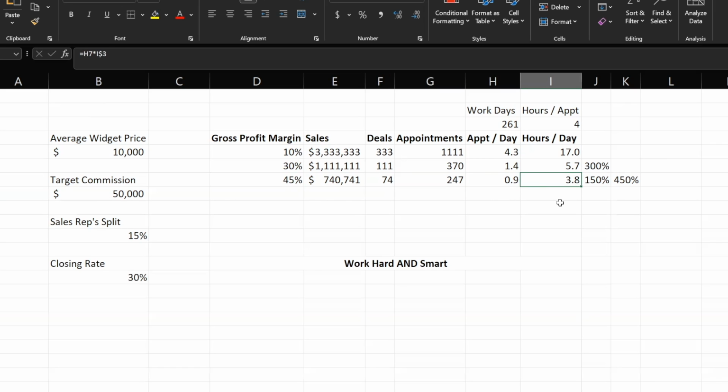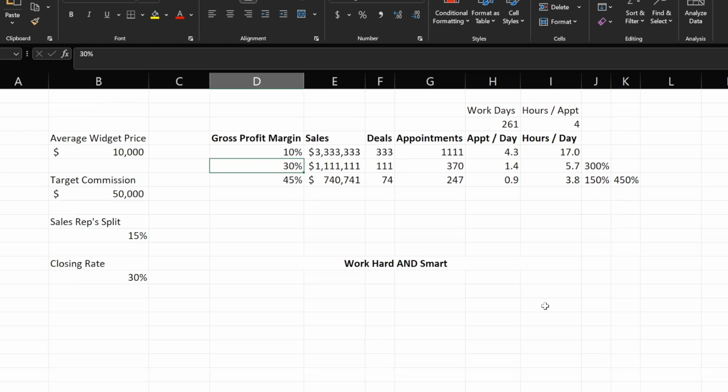So look at the comparison. If it's at 30% gross profit margin, then you would work 300% less than if whatever you're selling is at 10% gross profit margin. And if it's at 45%, you would work 450% less than the 10% or 150% less than the 30% gross profit margin.